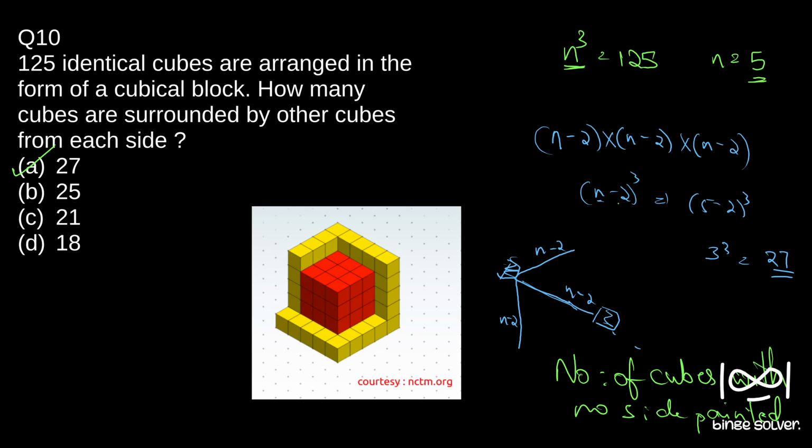The same concept we are using here. Instead of finding the cubes with no side painted, the question asks for the number of cubes which are surrounded by other cubes. Same concept but different wording. Once you understand the concept and the formulas involved, it will be very easy in the exam hall. You can solve the question within a few seconds. So that is the solution to question 10, answer A, 27.